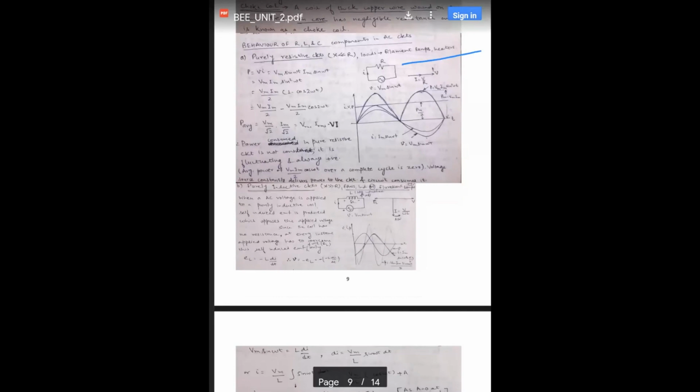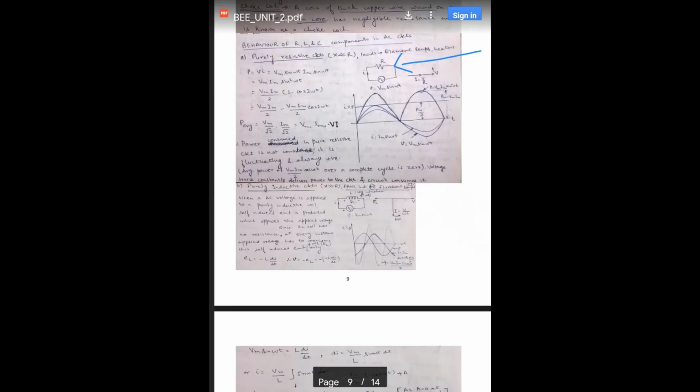So what is the circuit diagram? This is the circuit diagram in which the resistive load is drawn. Extra care has to be taken while drawing the resistive load, because the resistive symbol begins with some height and ends with the low. Okay, so one load is there, one source is there, and some current is flowing.